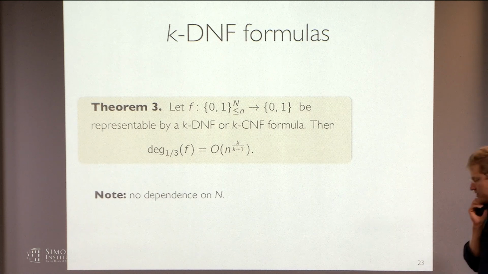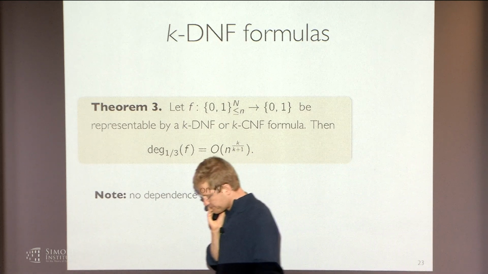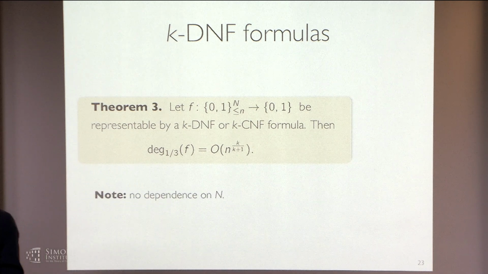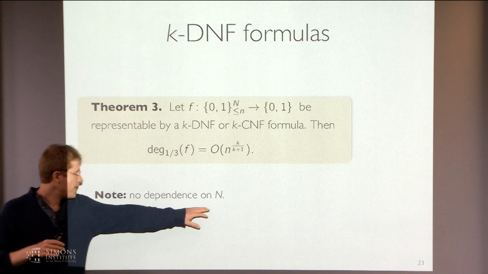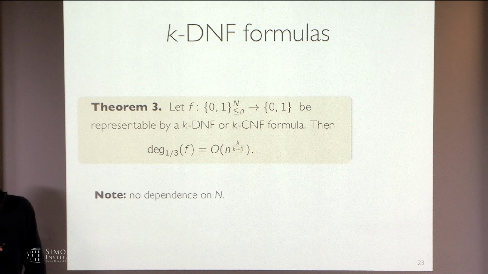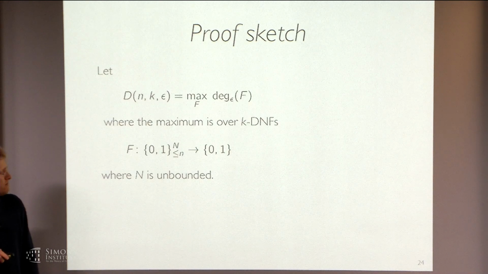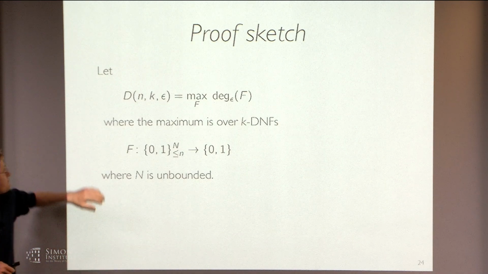Okay, now let's look at the harder two theorems, the hardest two theorems of this work. Here we'll look at k-DNF formulas, and this is the bound that we are aiming for. Again, the formula has as its inputs big N variables. The formula is a k-DNF, and your bound should not have a dependence on big N. It should only depend on the maximum Hamming weight of the inputs in your domain. So let's fix some notation.